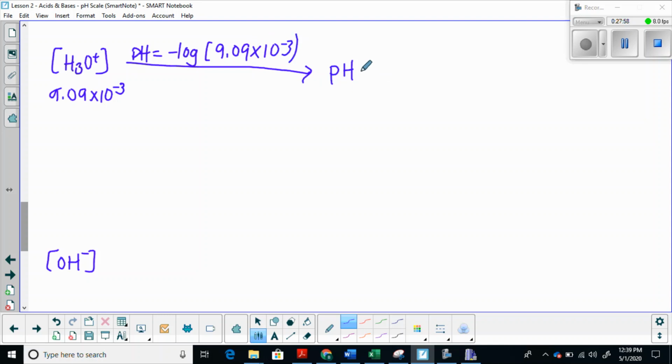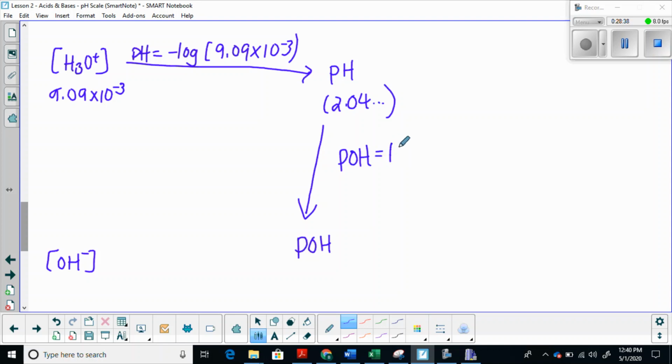That's going to give me a pH of 2.04. Dot, dot, dot. We're not rounding yet because it is an intermediate step, so I will show that to you at the end. Then we have to change this into pOH.